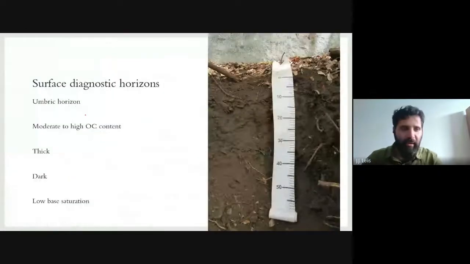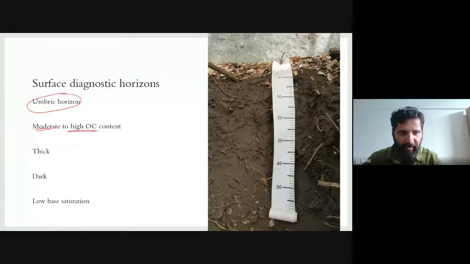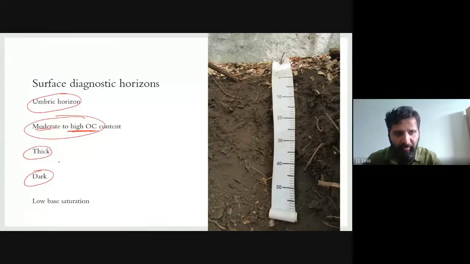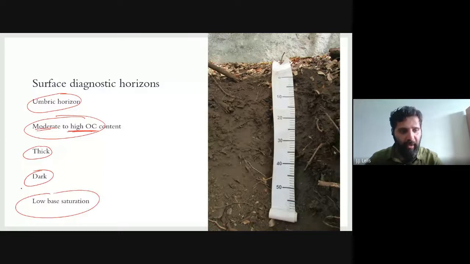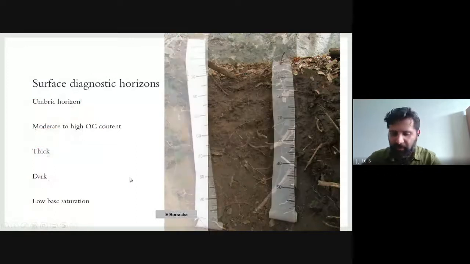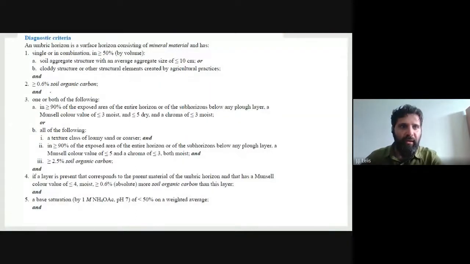Next one, it's an umbric horizon that presents moderate or high organic carbon. Okay, we have this. It's thick. Okay, it's 35 centimeters. It's dark. Okay, we have dark colors and it should present a low base saturation. And we have a low base saturation. It's just 3%. So let's check. We have material that presents aggregates.